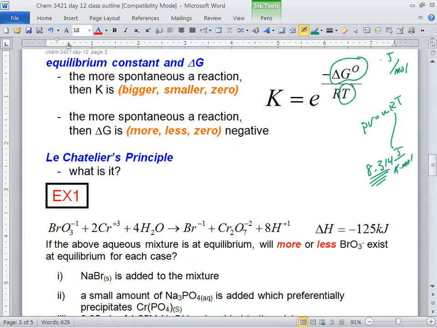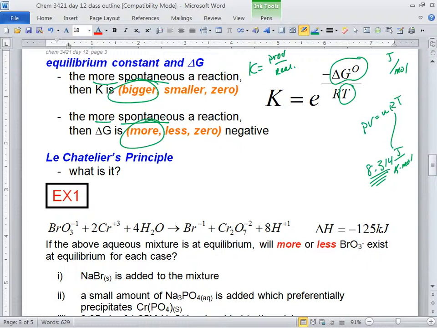That means K should be big, because K is products over reactants. Make sense so far? So this concept of more spontaneous, just realize it's coming up in your homework. That's how they're going to be talking.